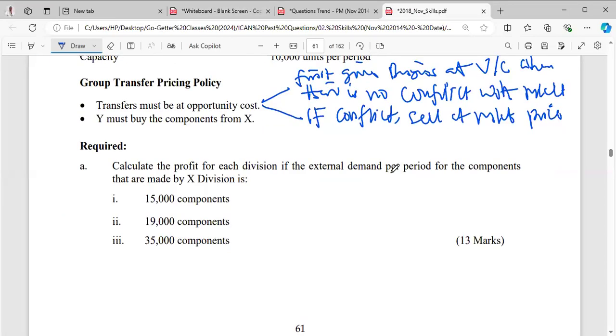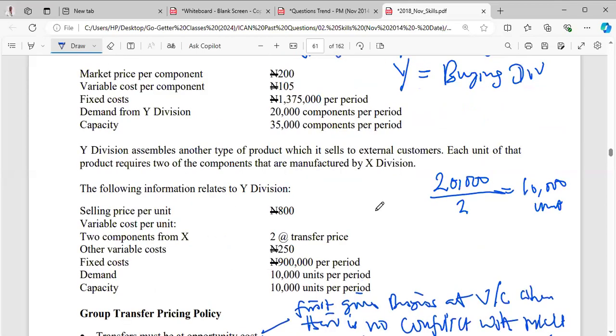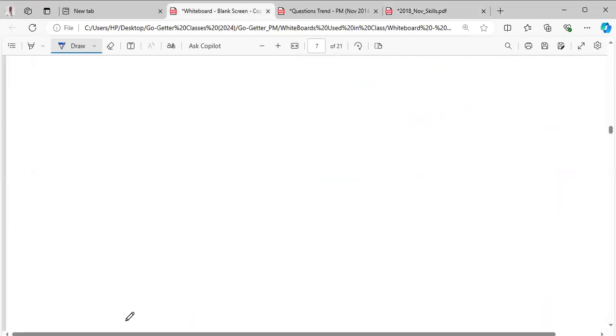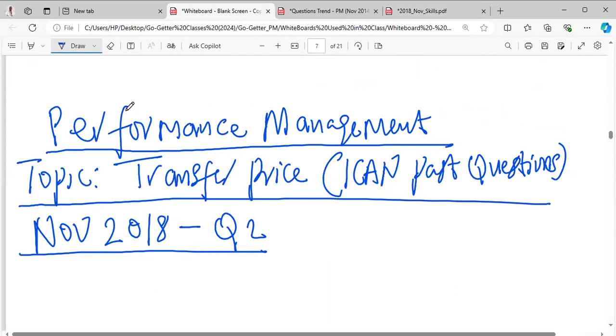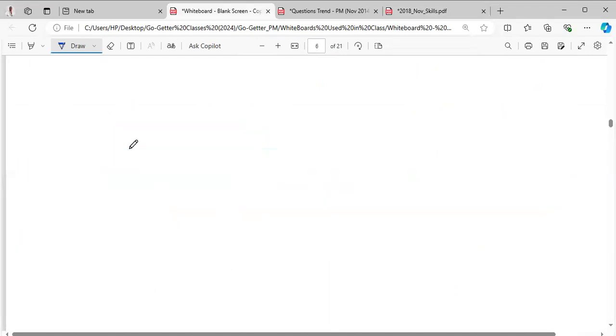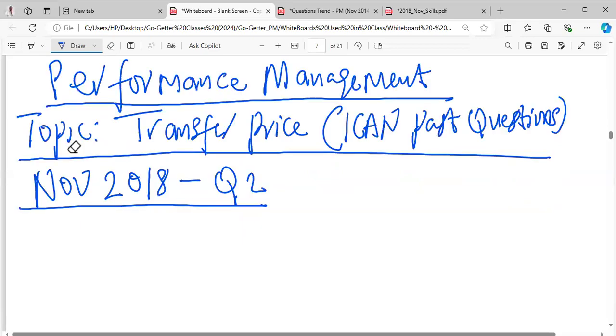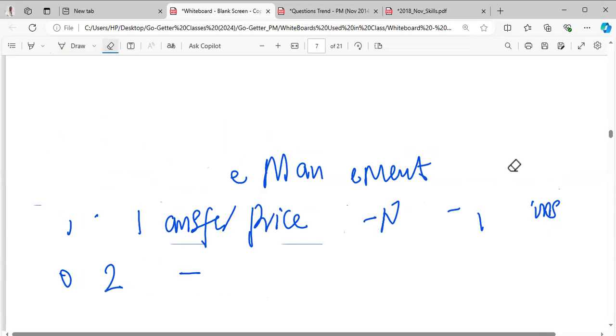The company's name is XY Group of Company. What happened? How did I move to page 7? Need to clean all of this and go to page 1.